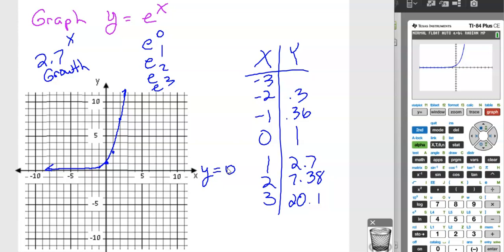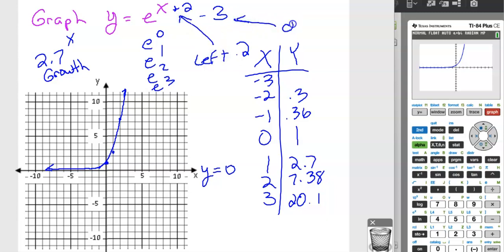If I wanted to, I could put plus 2 and minus 3. That would shift it to the left 2 spots, and down 3.